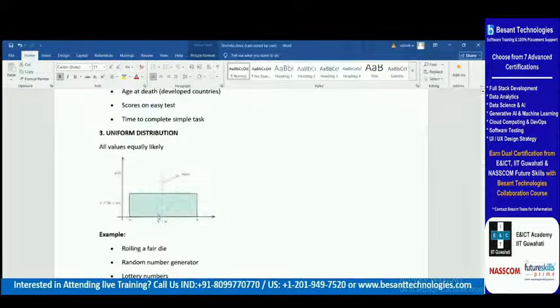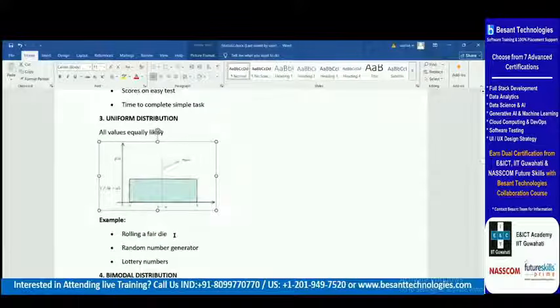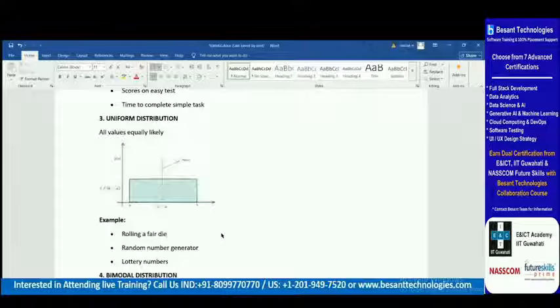Another one is uniform distribution. Uniform distribution means, let's take the example of rolling a die, where you are going to play with 6 people. Every time each person will roll a die and get a value. One person will get 6, one will get 4, 5.